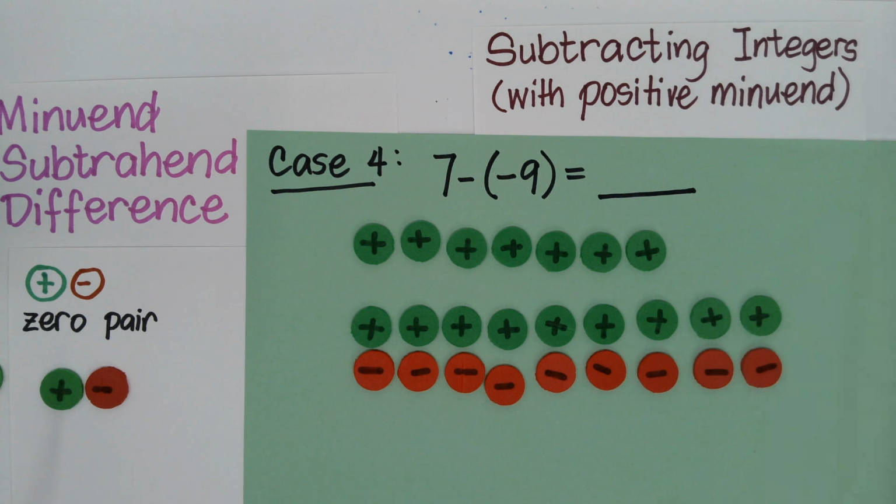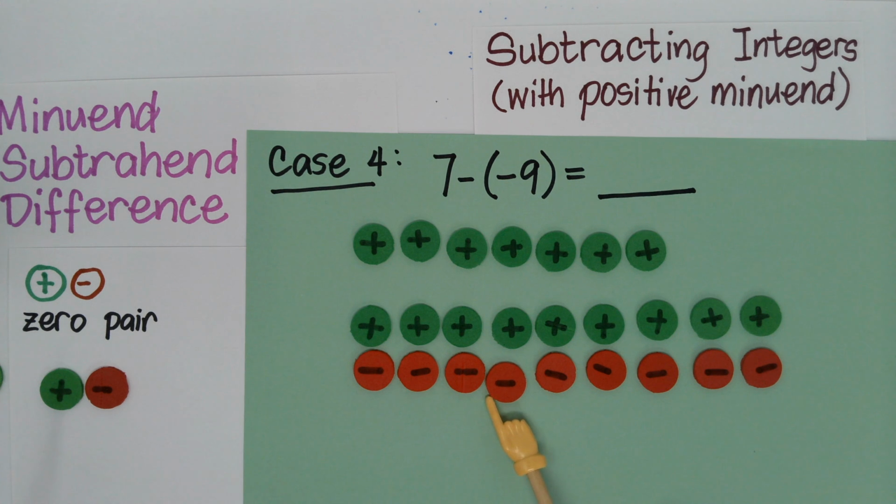So we have 9 zero pairs. The value of these pairs will still be 0. Then plus 7 positive discs. So this representation is still equal to 7.